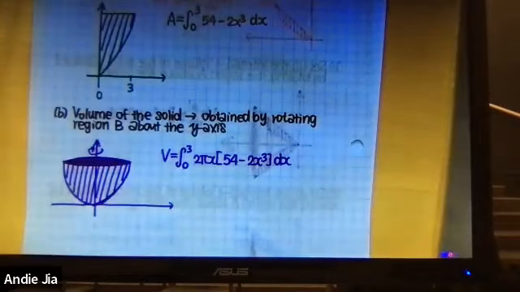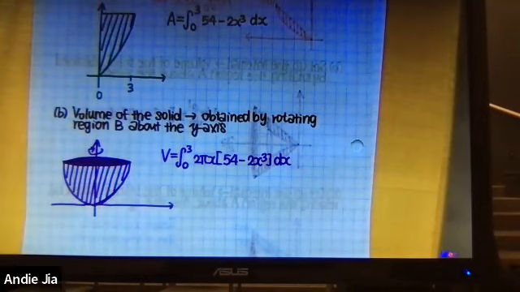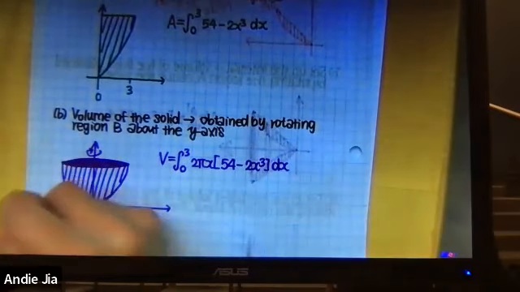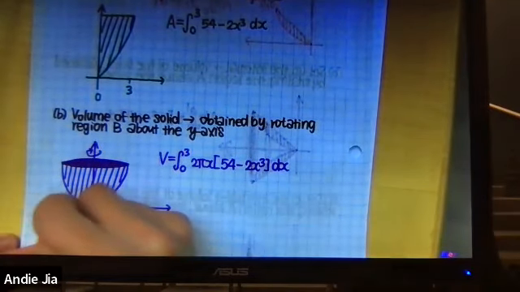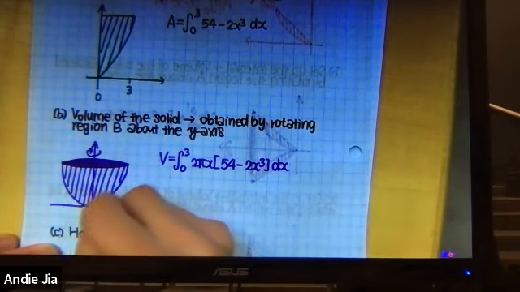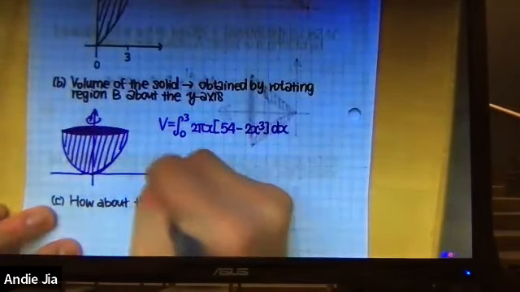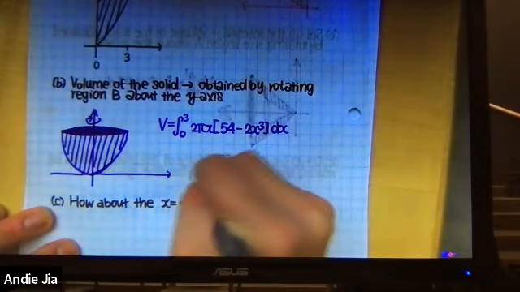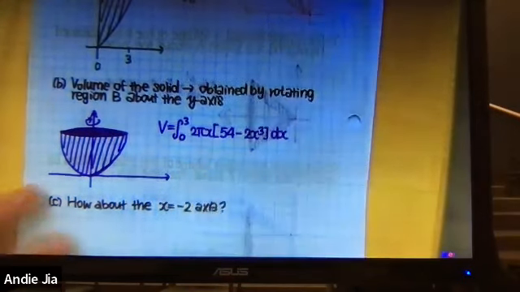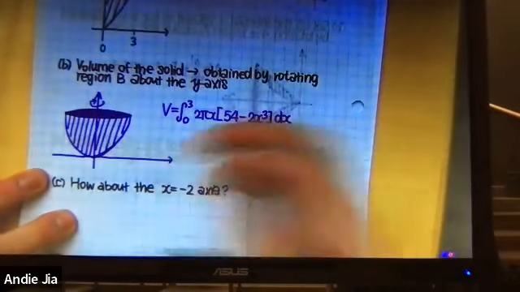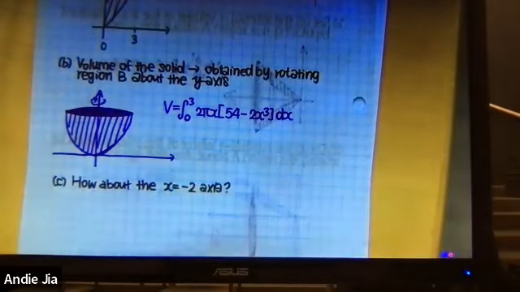What about if it's rotating about the vertical line x equals -2? Let's proceed. Since x equals -2 is smaller than the region, the region is going to be like this.